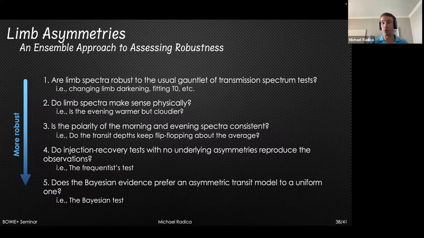We need to be a little bit more thoughtful, and maybe there is a better way to do this than simply assuming that the probability of there being versus not being limb asymmetries is equal. Maybe there's a better way to weight the model priors when you're doing your Bayesian evidence comparison. But obviously you also risk biasing your statistical outcomes towards things that maybe you want to occur as opposed to what's actually there.